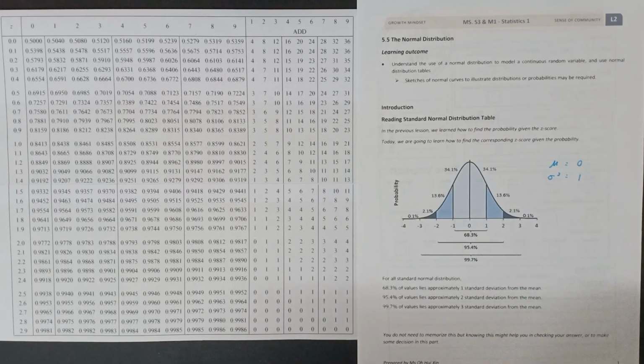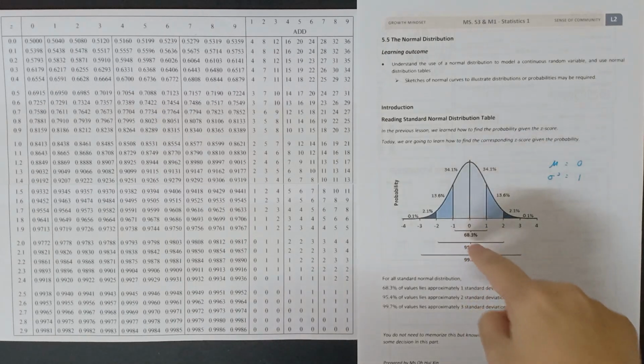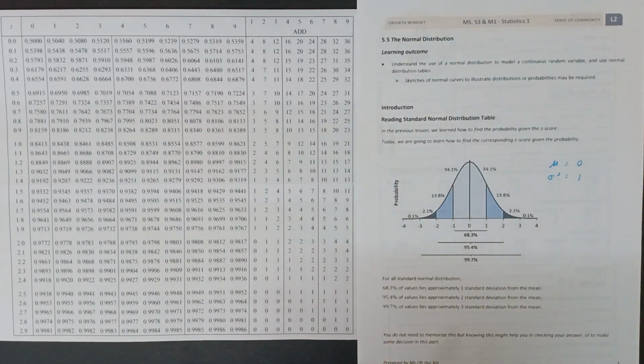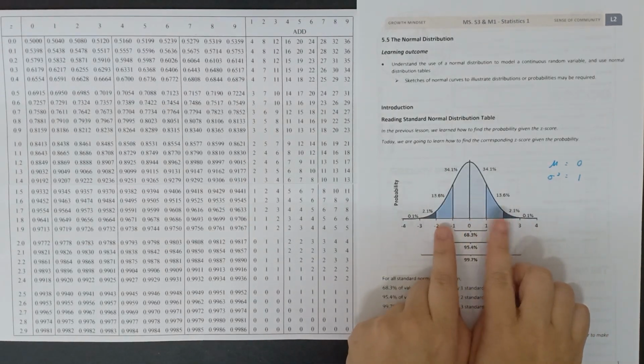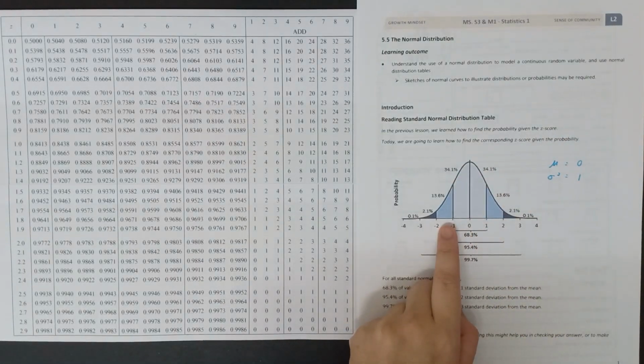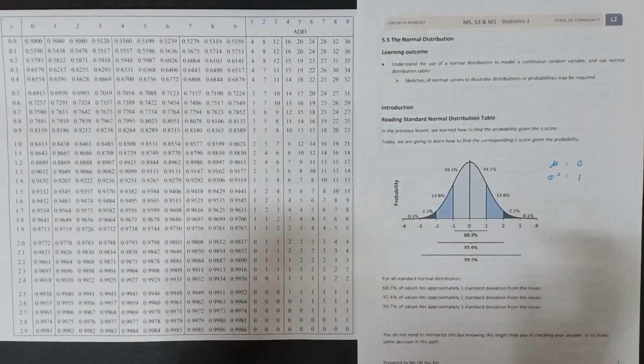The percentage here tells us that if this is our mean, then within 1 standard deviation from the mean, it includes 68.3% of the data. In general this is true for all normal distributions, because this is the standard one.